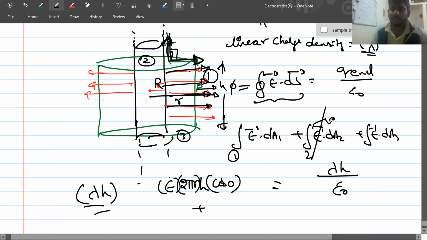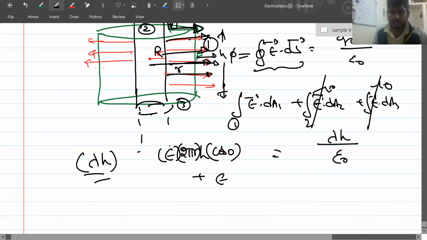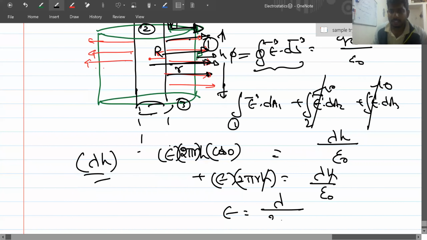The third area will also be perpendicular to the electric field, so that will also be 0. Then E into 2 pi r h equals lambda h by epsilon naught. The h cancels, so the electric field is equal to lambda by 2 pi r epsilon naught.